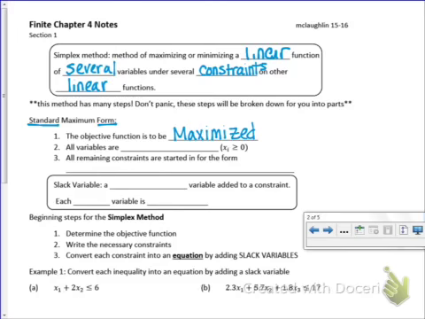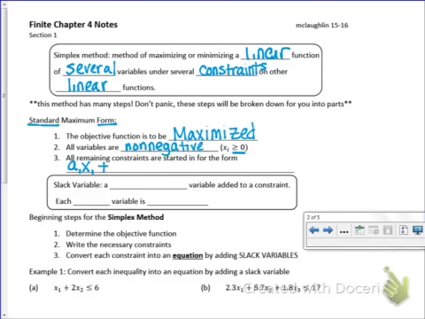First off, they all need to be non-negative, meaning they have to be greater than or equal to 0, which is what this says right here. Once we know they're all non-negative, we have to rewrite it so that all the variables are on one side.